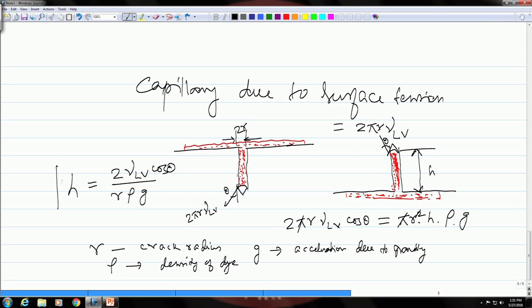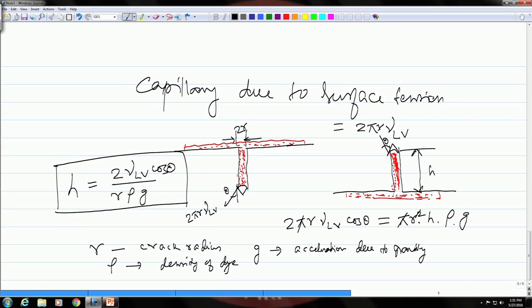As you could see, it primarily depends on the properties of the liquid dye, that is the surface tension of the liquid gamma LV and the density of the liquid. And apart from that, it also depends inversely on the crack size. So, if you have a larger crack, the penetration depth will be lower and vice versa. This gives you an idea that for a particular crack size and for a particular dye, what could be the depth up to which you can go and inspect.